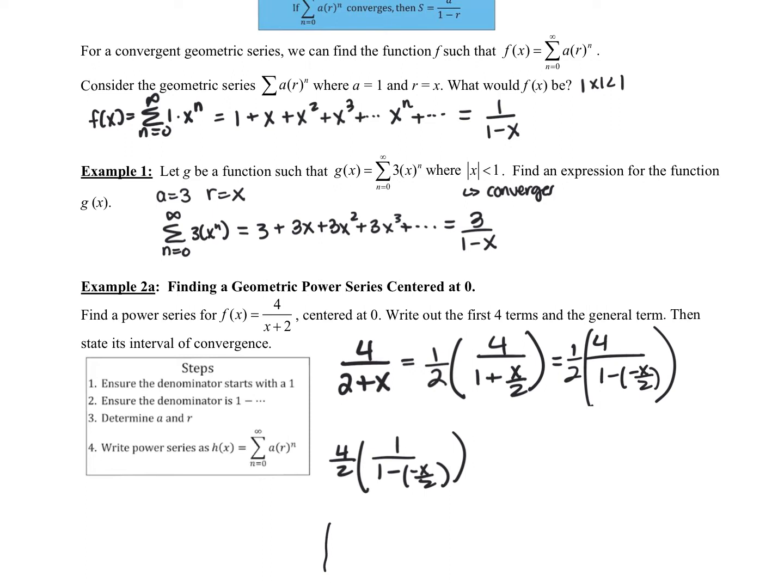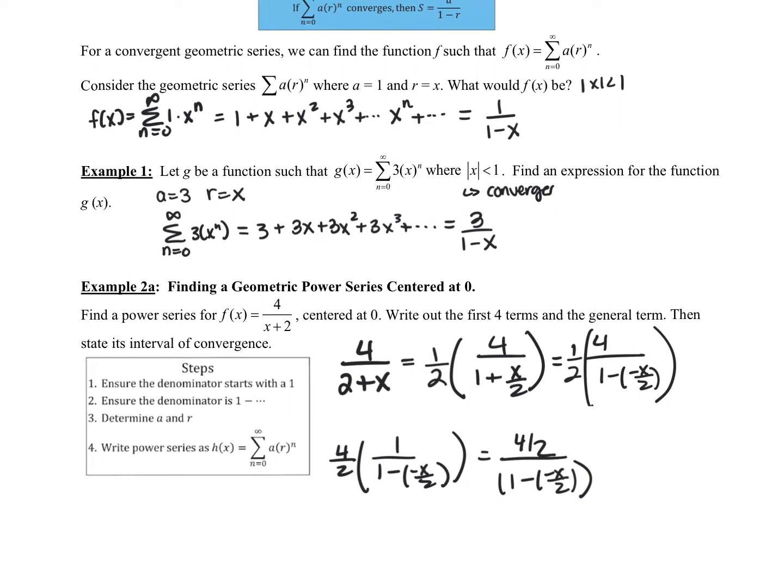Or you can put the 1/2, multiply the top by 1/2 and put it in there. You'll see it both ways. And it's kind of just personal preference whether you want the A to be out in front or whether you want the A to be in the top, right? It's still a constant divided by 1 minus r. So that's still the sum of a geometric series.